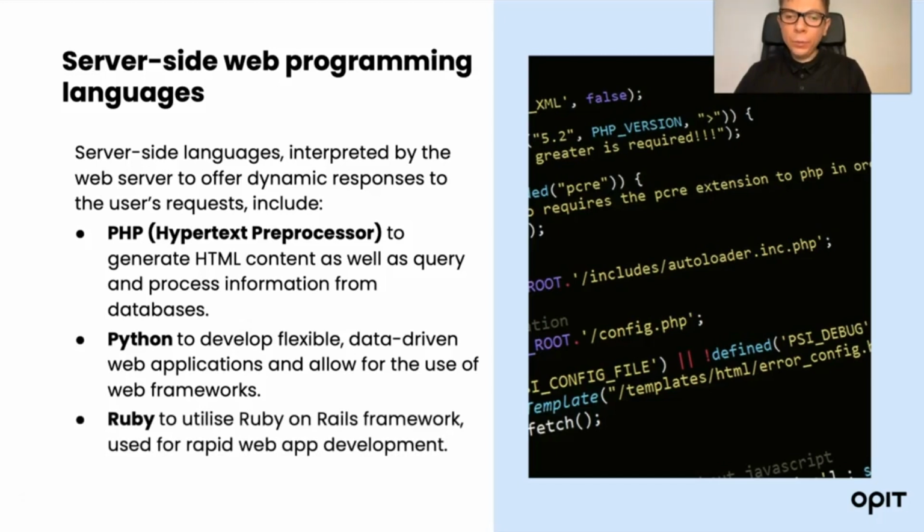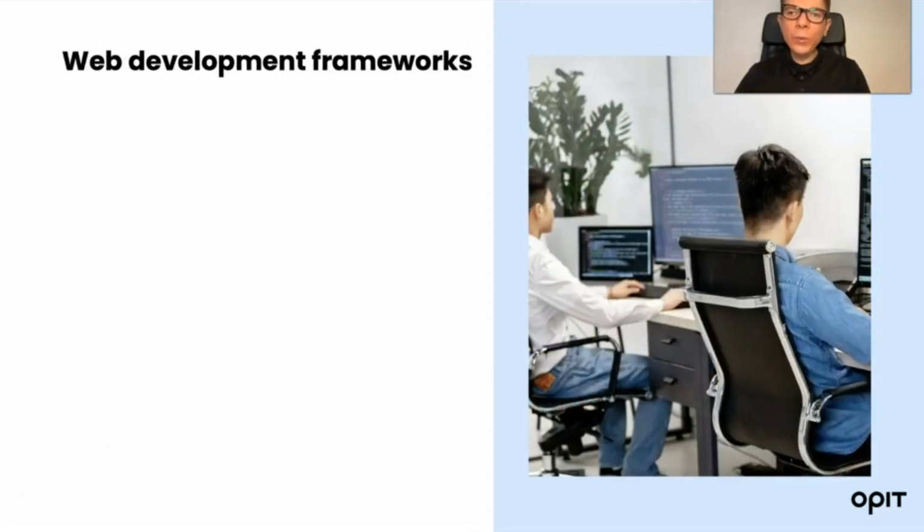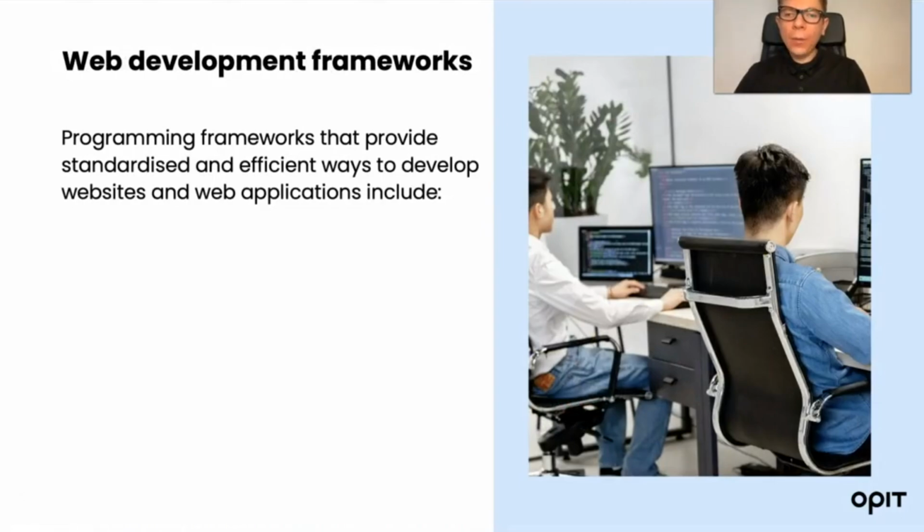And then we have Ruby, which is used in the context of the Ruby on Rails framework, and it is used for rapid web app development mainly. So you can see that there are multiple options that you can choose from when we speak about client and server-side programming languages.